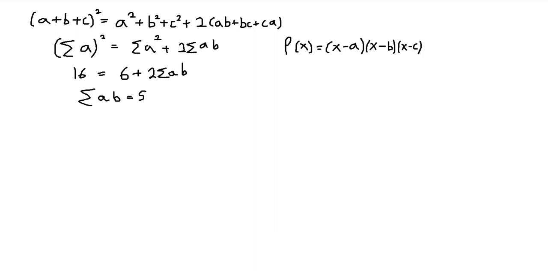It has roots A, B, and C, and since we know what A plus B plus C and AB plus BC plus CA are, we can almost expand out the entire polynomial, except for the constant term, which is negative ABC. But notice ABC is exactly what we want.